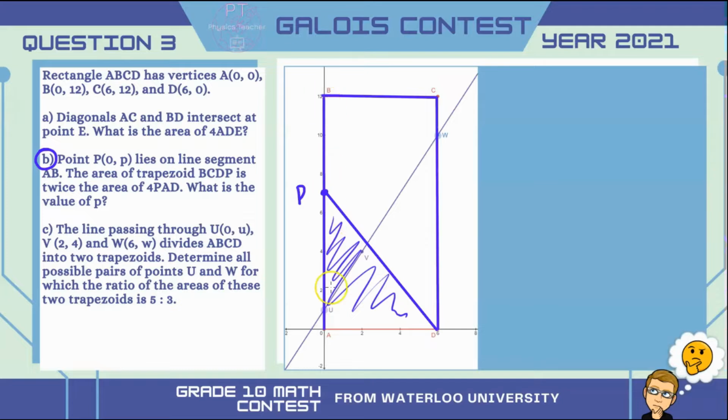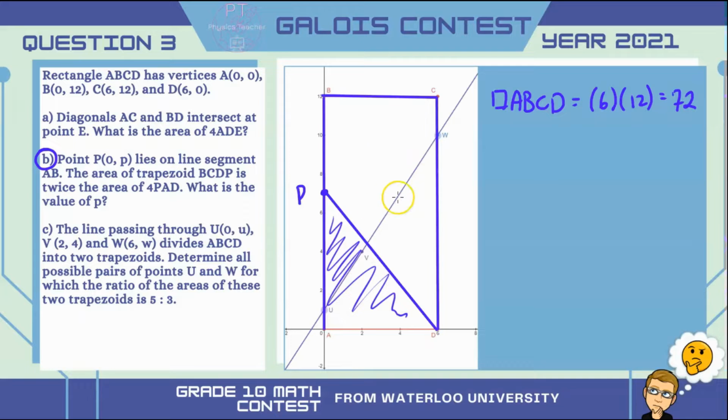Well, we can first look at the area of this entire rectangle. So the area of the entire rectangle ABCD is just going to be length times width, which is 6 times 12. So that is equal to 72.